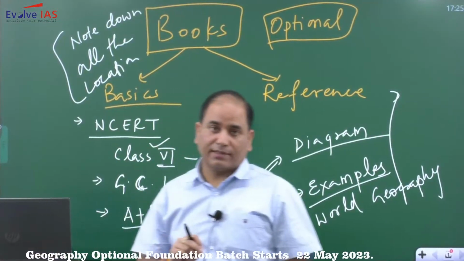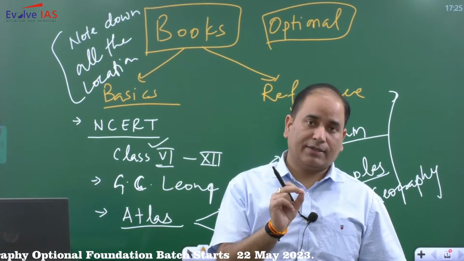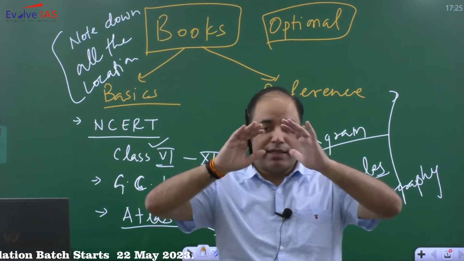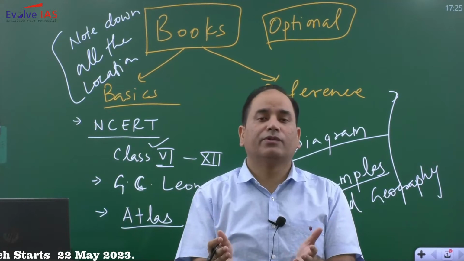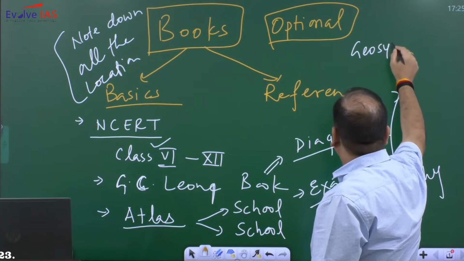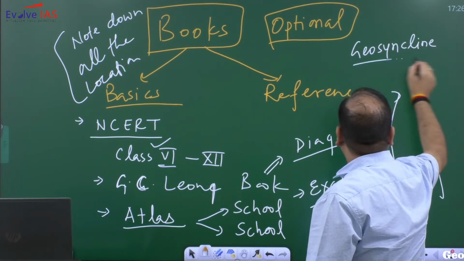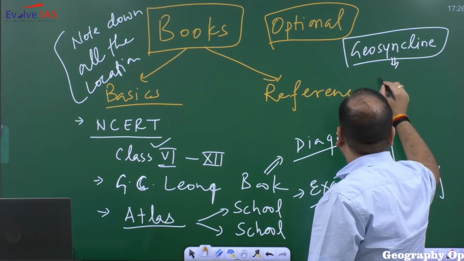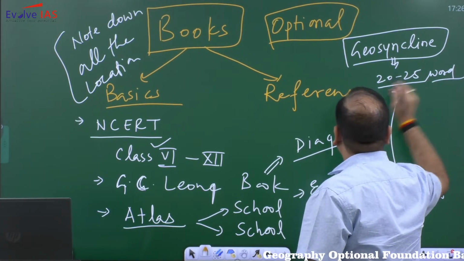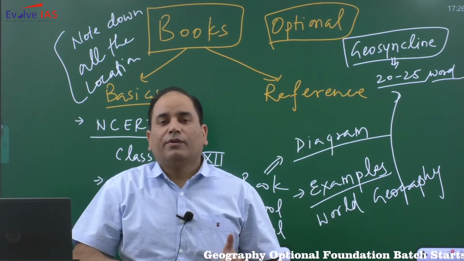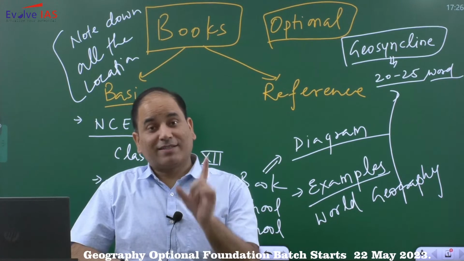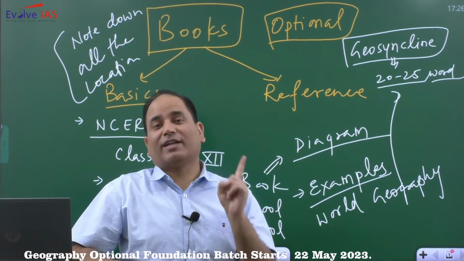So my suggestion is, when you are studying the NCERT, whenever you come across the term geosyncline, rather than trying to understand the whole concept of geosyncline, try to prepare a write-up where you are able to explain the geosyncline in 20-25 words. So this is something that is going to be very helpful in answer writing.